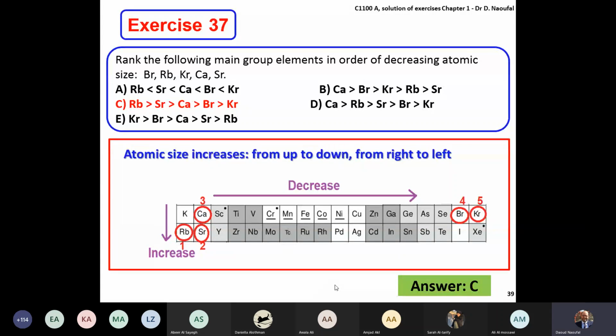That means we write the electronic configuration of all species, then we look at n, the distance d; the greatest d means the greatest size. For species with the same d, we look to the principle of attraction.